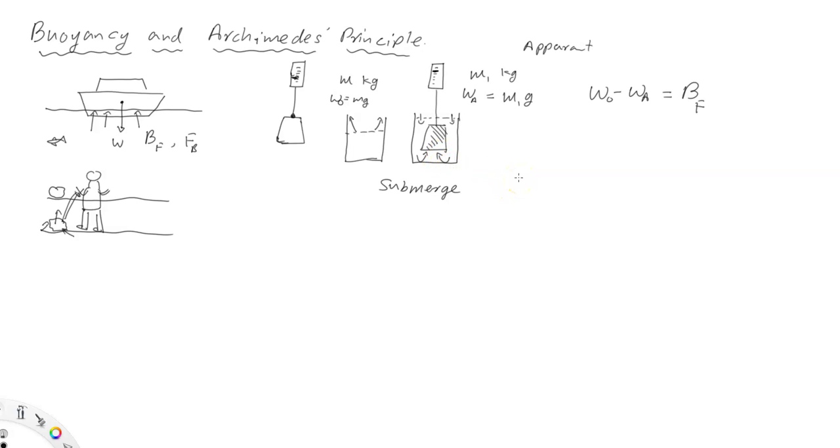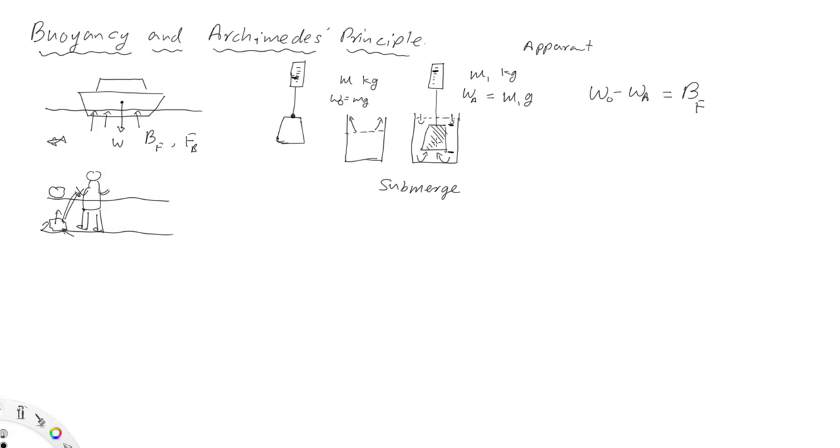That's called buoyant force. Mathematically we can show that it comes from the pressure difference between the top and the bottom of this object. You know that at different depths the pressure changes. Likewise, you have low pressure at the top, high pressure at the bottom. That pressure difference creates this force on the area of this object.